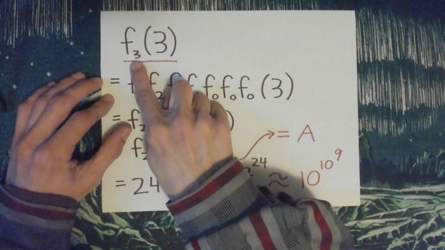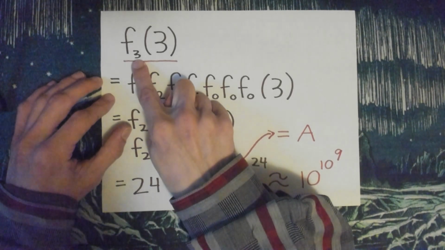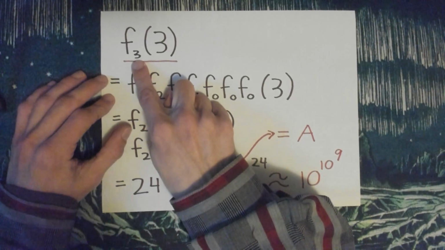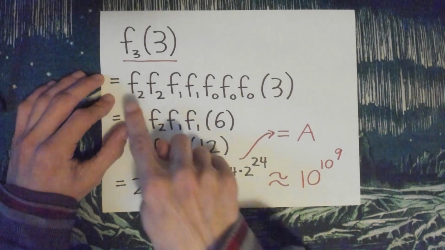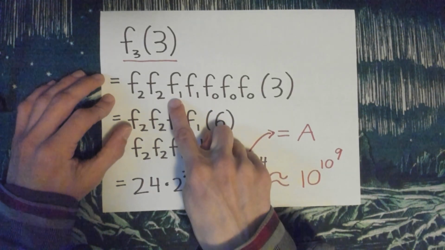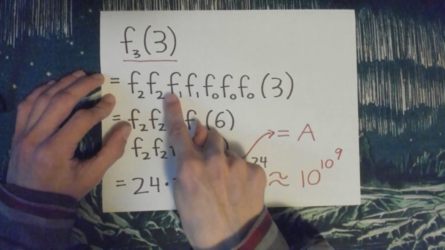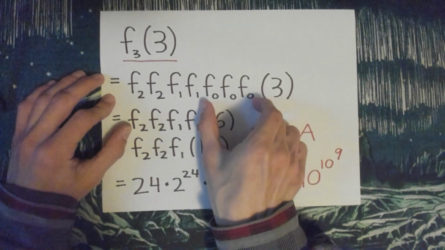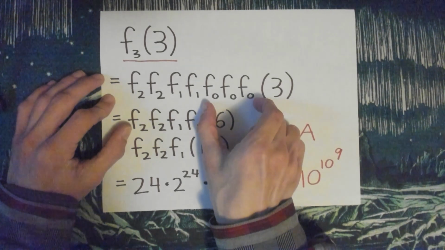Now we have the ordinal number 3, which is a successor ordinal. It's in the form of alpha plus 1, specifically, it's 2 plus 1. So I'm going to get 3 copies of f2. So f2, f2, and then that third f2 is going to expand out into 3 copies of f1, f1, f1, and then the last f1 is going to expand out into 3 copies of f0.